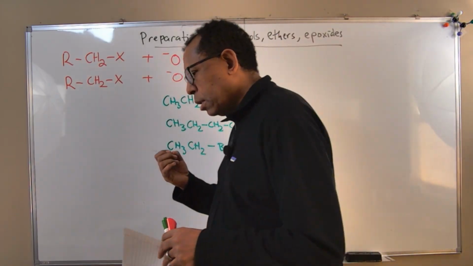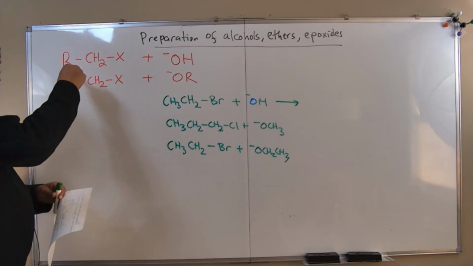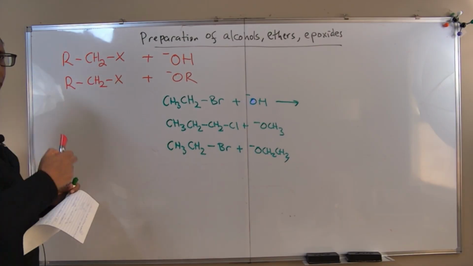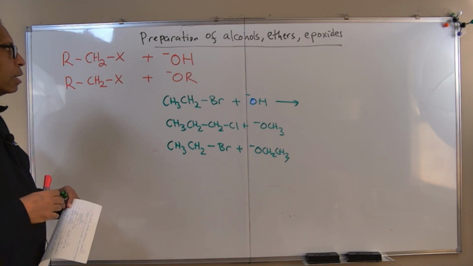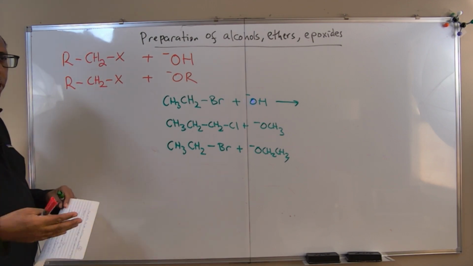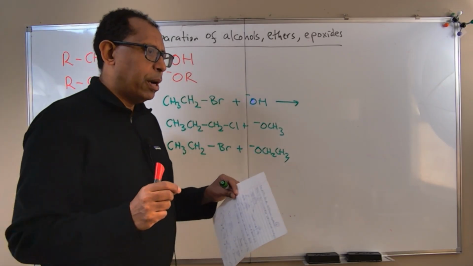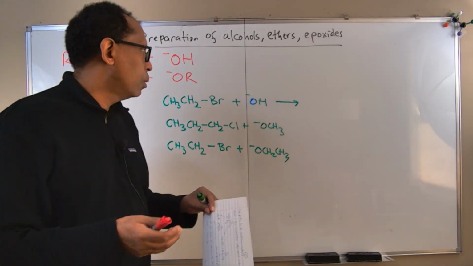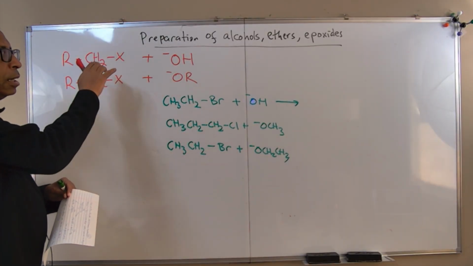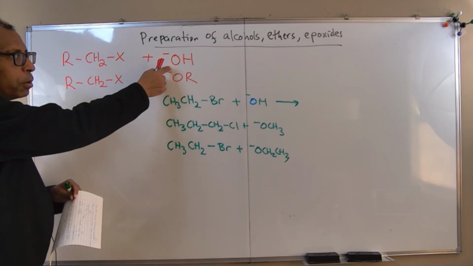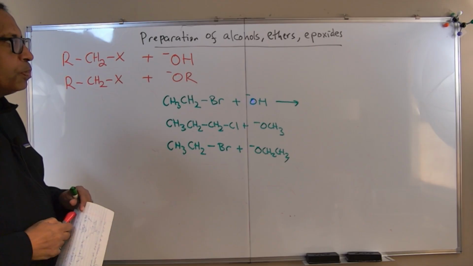So in synthesizing an alcohol, for example, if you have a primary alkyl halide, which we have already discussed in previous chapters, alkyl halides can be primary, secondary, or tertiary. But for this particular lecture, we'll be just focusing on a primary alkyl halide and a reaction with a strong nucleophile, which is a hydroxide ion.